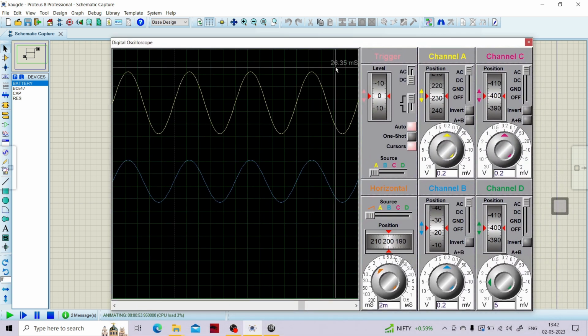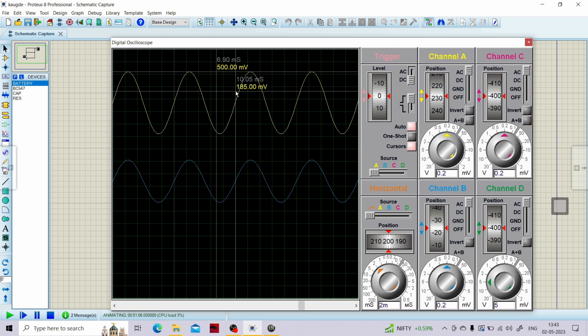First, let's check whether we are able to get the 1 volt peak to peak signal. That means 500 millivolts up and 500 millivolts down, and when we subtract them, we get 1 volt peak to peak. So let me check if we are able to get that.